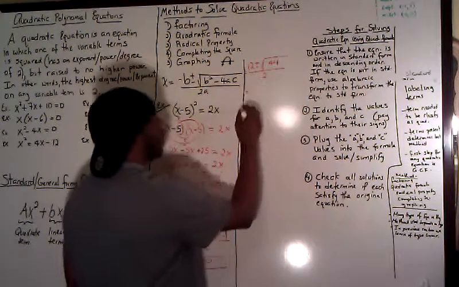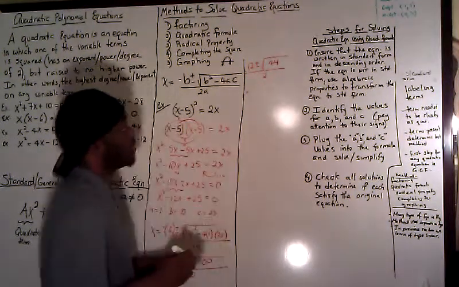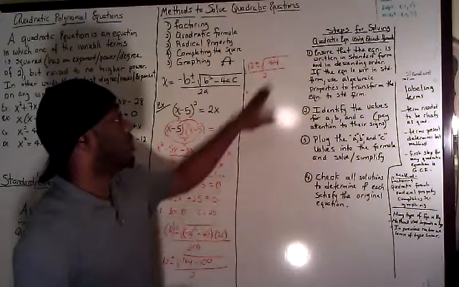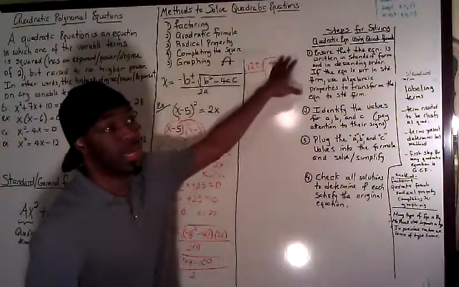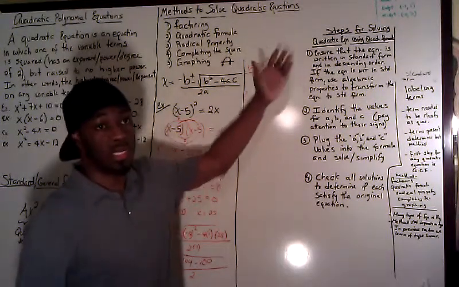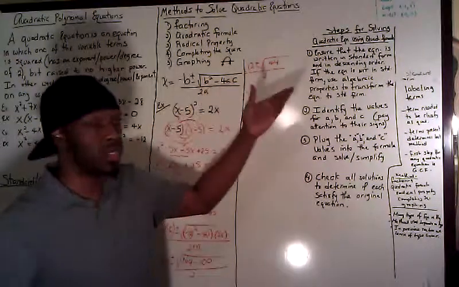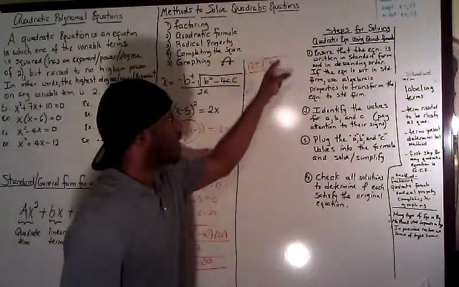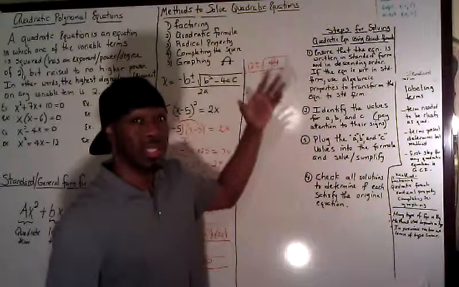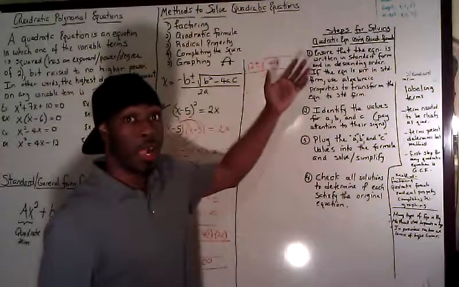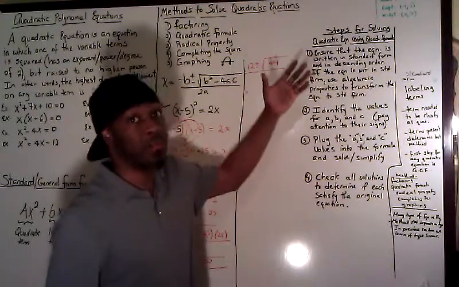So now when we get to this point, if you notice 44, because we want to simplify what's underneath the radical, in most cases when you use this particular formula, the value underneath the radical is usually a perfect square, but there are cases where it may not be a perfect square.